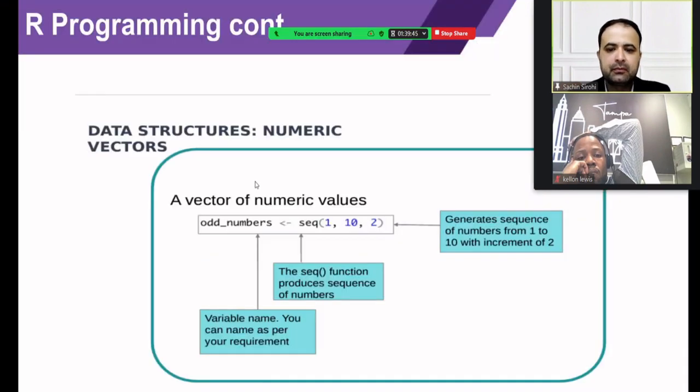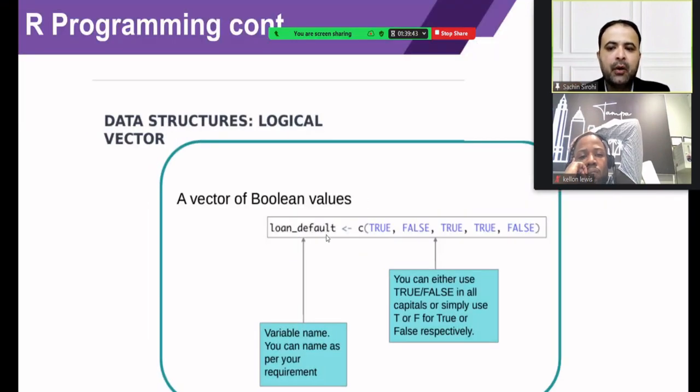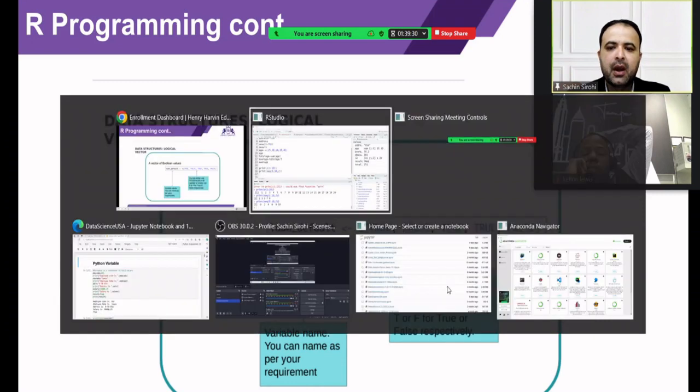Now it is Boolean or logical data, or you can say discrete data, like true, false, true, false, true. It is just a value of true and false. How can we do this?